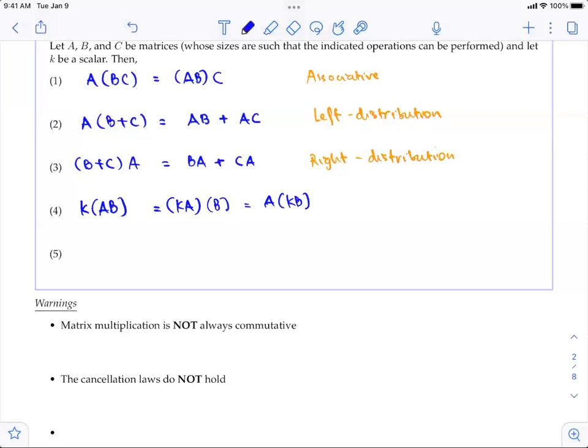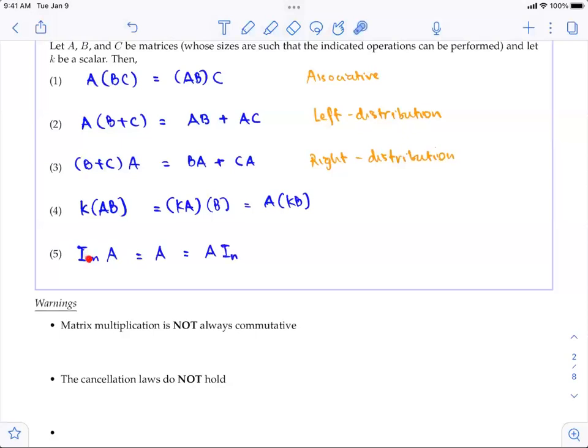All right. The next property is the identity for multiplication. You have the identity matrix I_M multiplied with A, which is going to be equal to A, which is also equal to A times I_N.